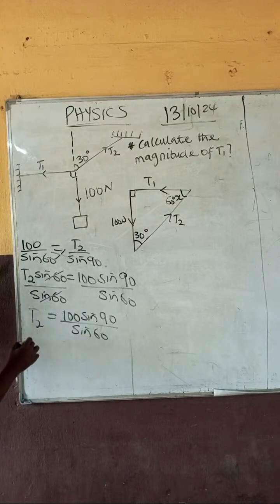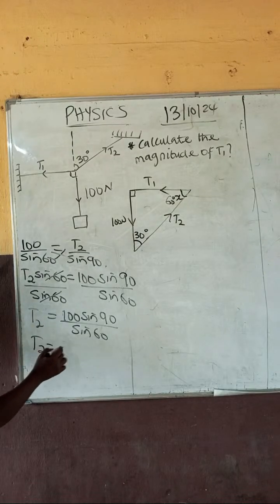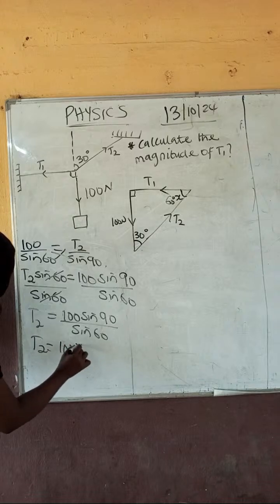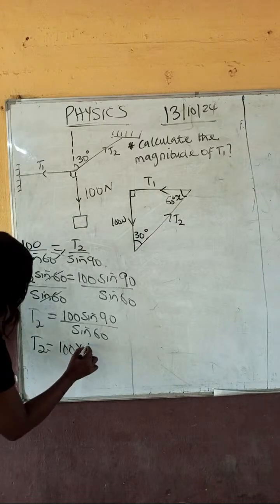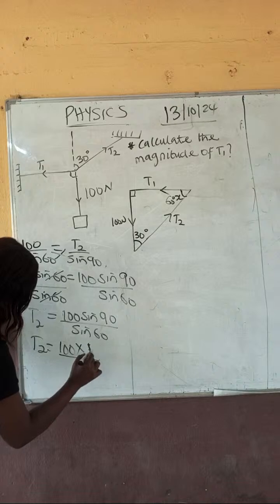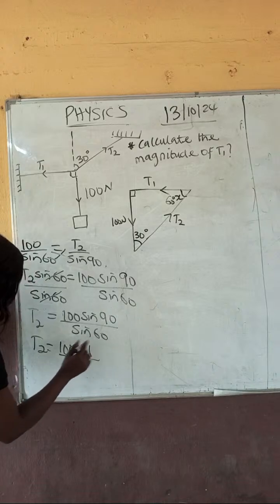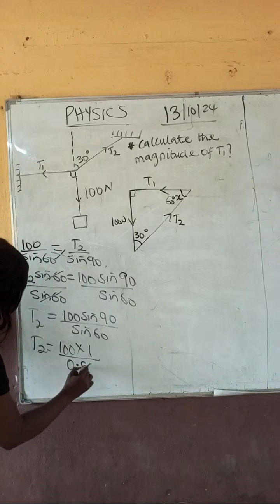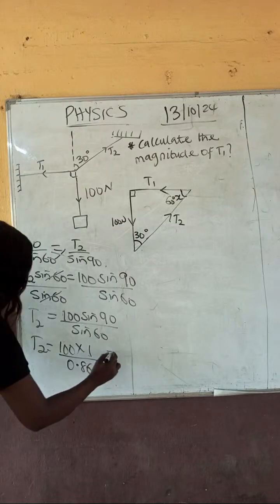All right, here we go. This is 100 times sine 90, which is 1. Sine 60 is 0.866.